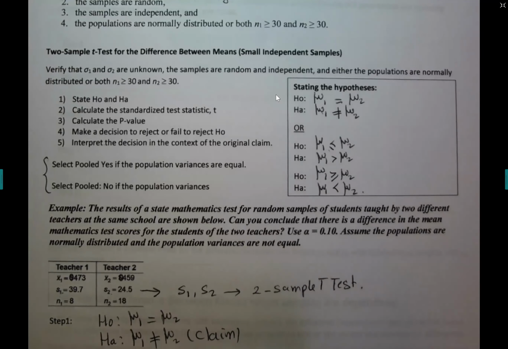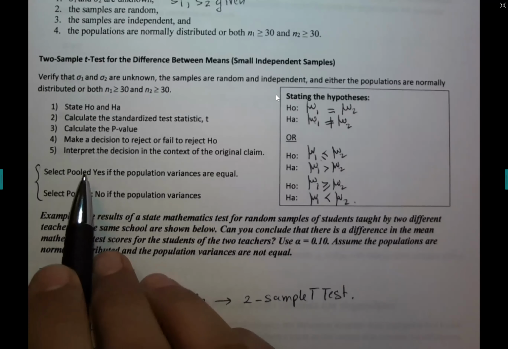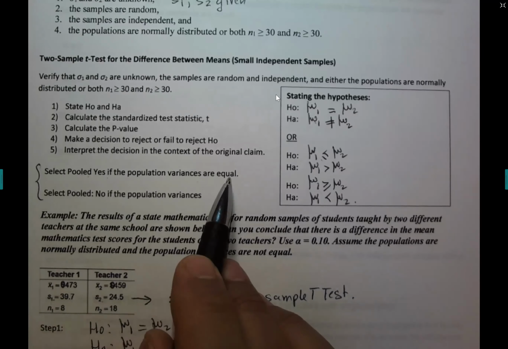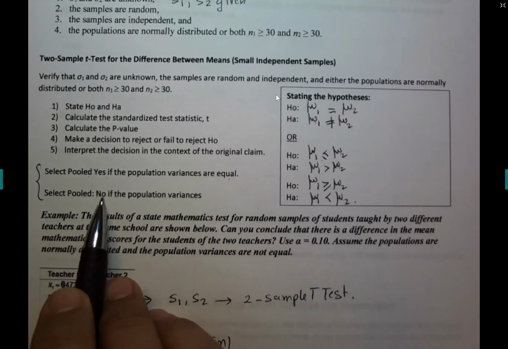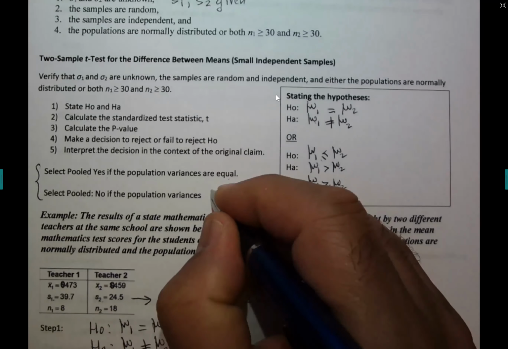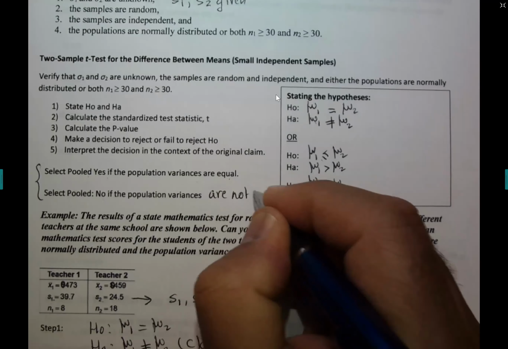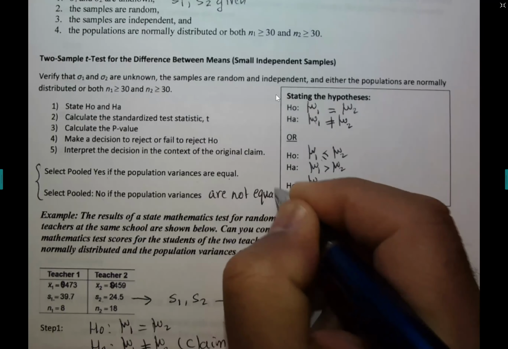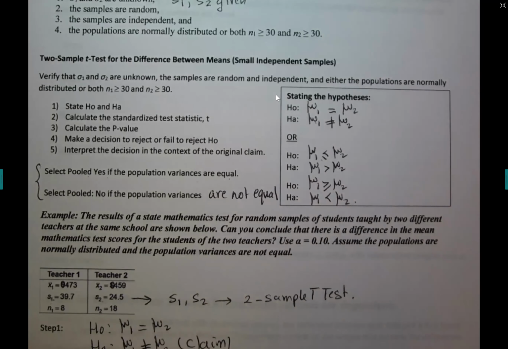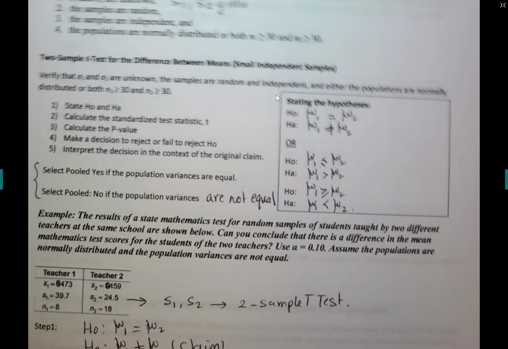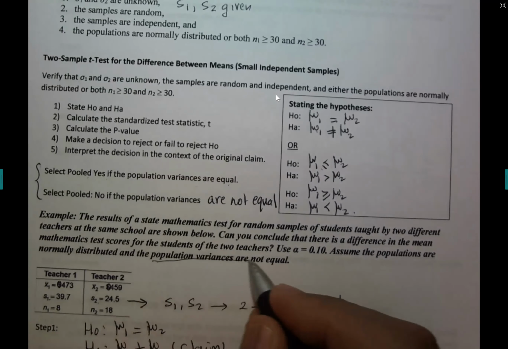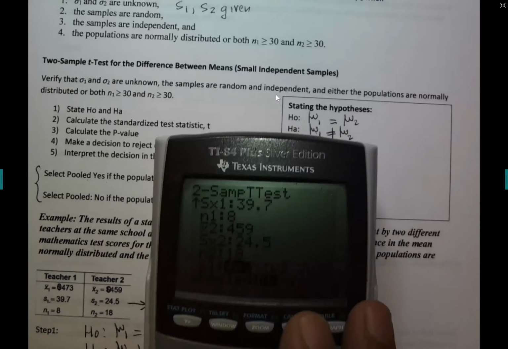So we select pooled yes if the population variances are equal, and pooled no if the population variances are not equal. You always have to make that selection. Because he says here, look guys, assume population variances are not equal, I'm going to select no.